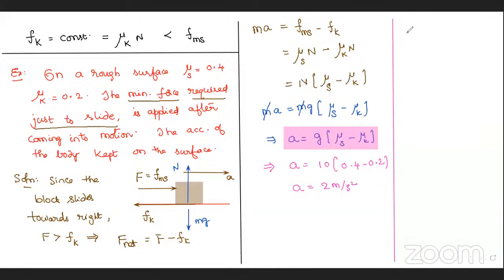And look at another model here. What he says: same, on a rough horizontal surface, the angle of friction is 37 degrees, means you can say the mu S value.